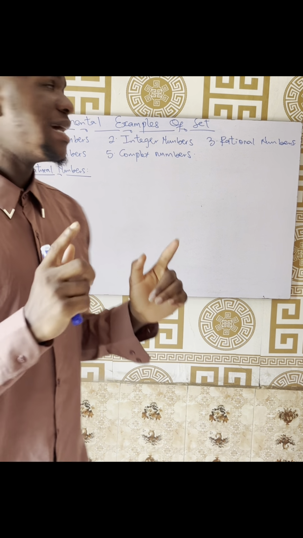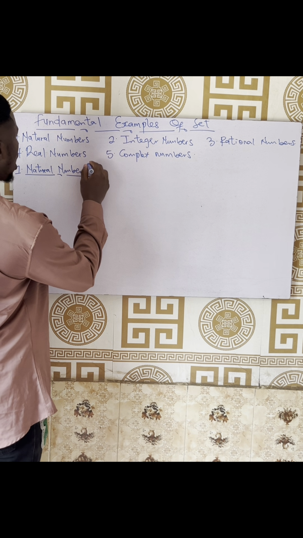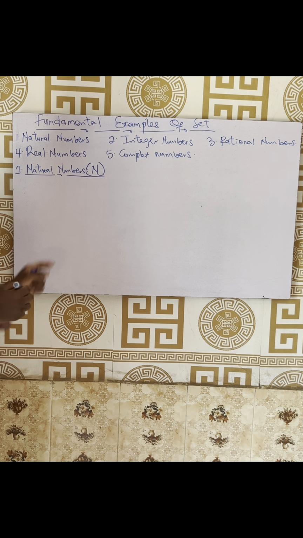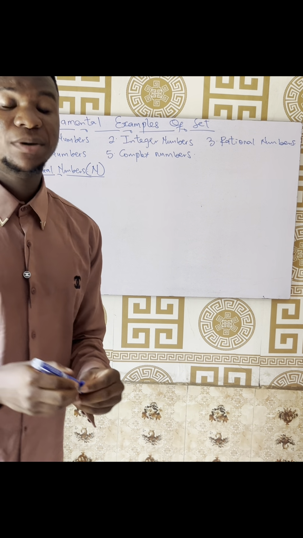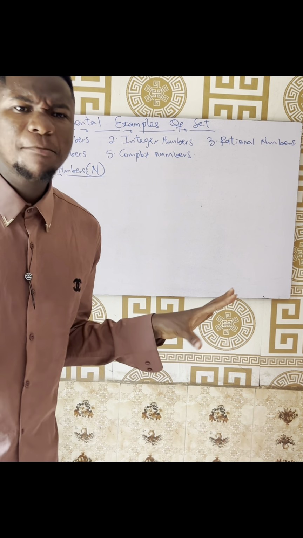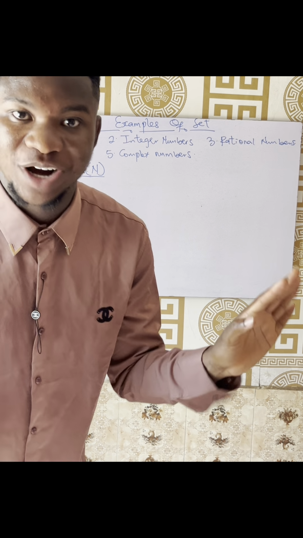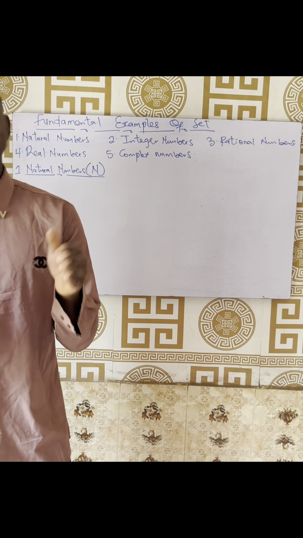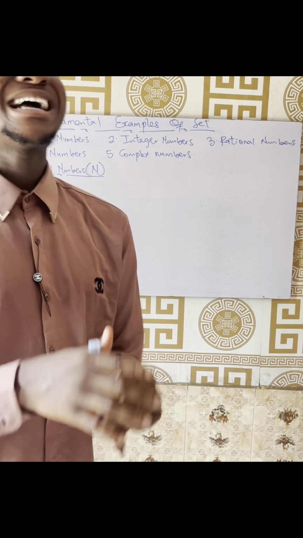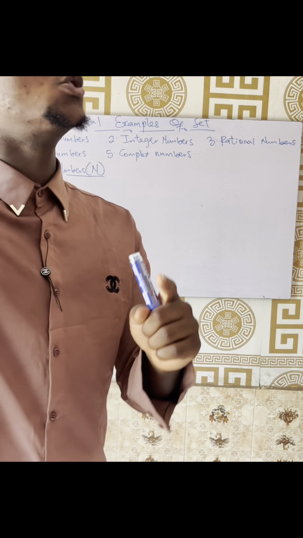You have to know that the natural numbers are always denoted by this capital N. So wherever you see N in set theory, we are talking about natural numbers. Then what are natural numbers? Natural numbers are numbers that are natural. You are shocked? Don't worry. These are numbers that start from 1 till infinity.